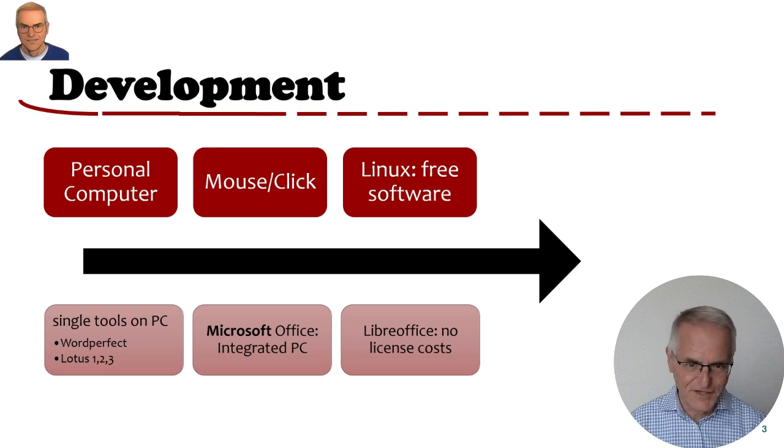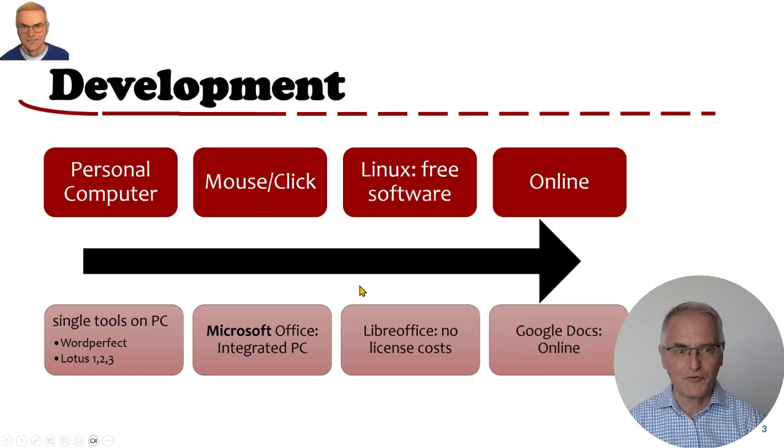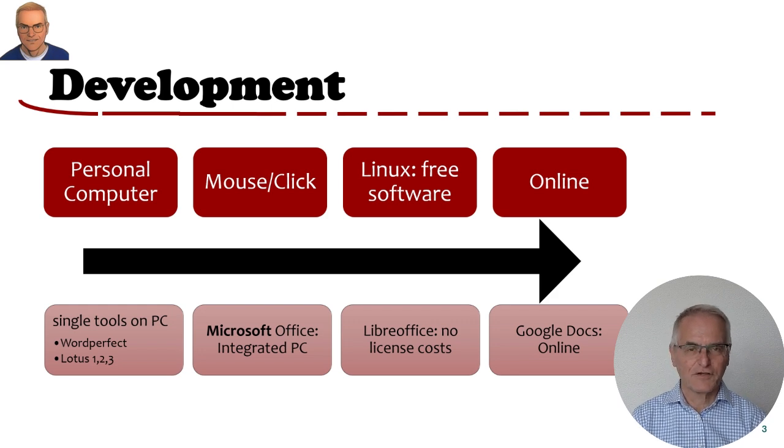But it's not finished yet, because there are other people who like to facilitate. For example, a lot of things happened when everybody was moving onto the internet. On an online basis, we got something like Google Docs, and that is fully online. You can also work together with that. So if you look at this, we have Microsoft Office, which is the traditional, and everybody uses Word and Excel.